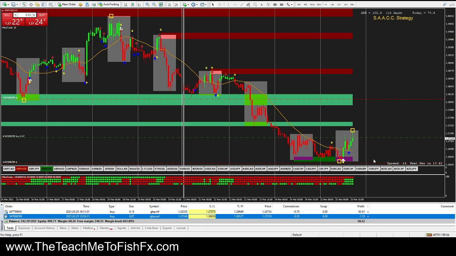I have a trailing stop loss set for 50 pips on this one. Once the trade gets 50 pips in profit, stop loss moves up to break even. I'm now in a risk-free trade, and that's how I'm playing that.